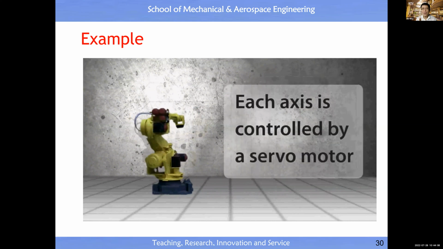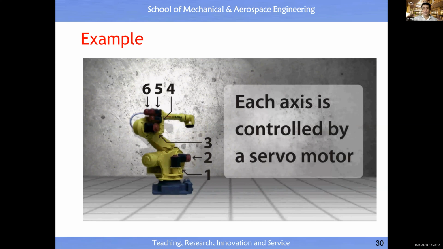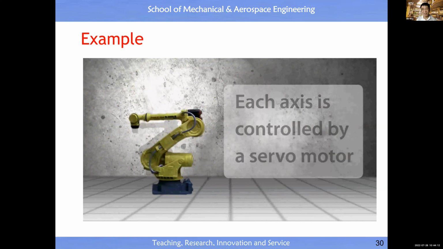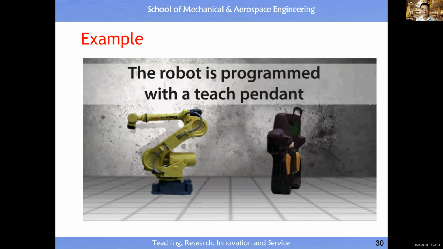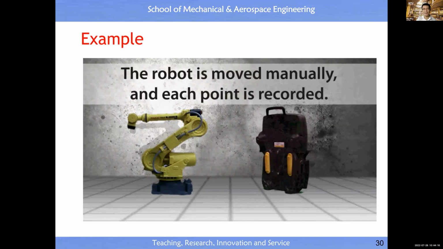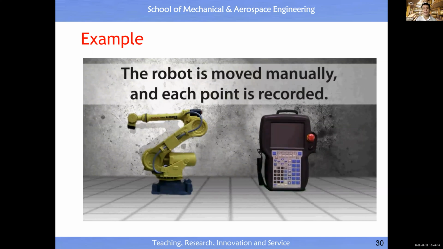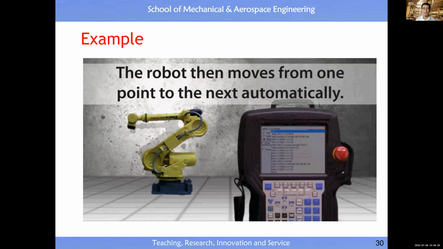Now you see each axis is under control of an actuator. Motor means actuator. Then we must have a brain. The brain allows us to do programming. All right? So we can help the robot to program the motion, okay?